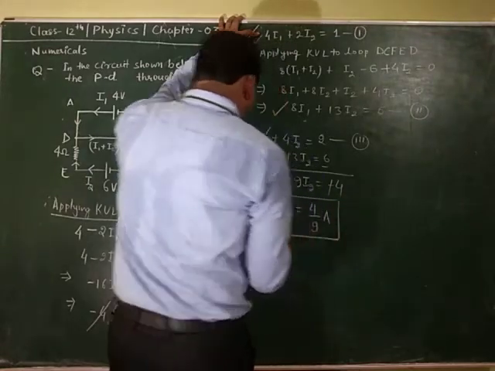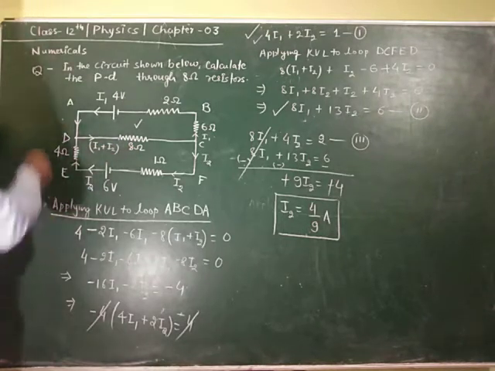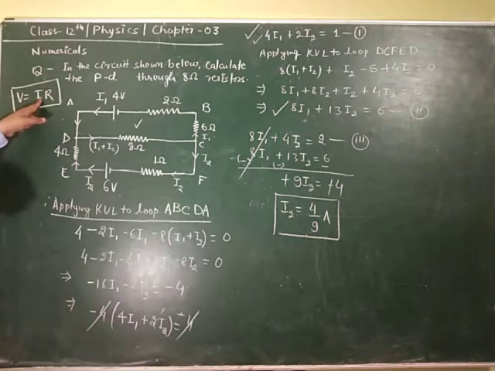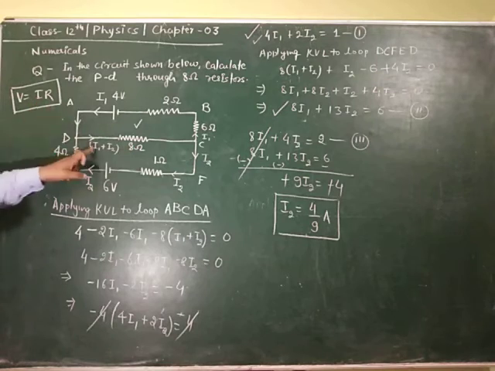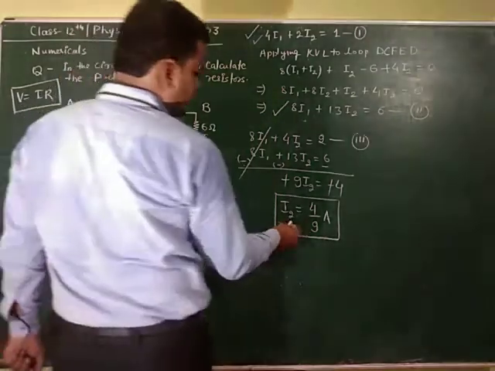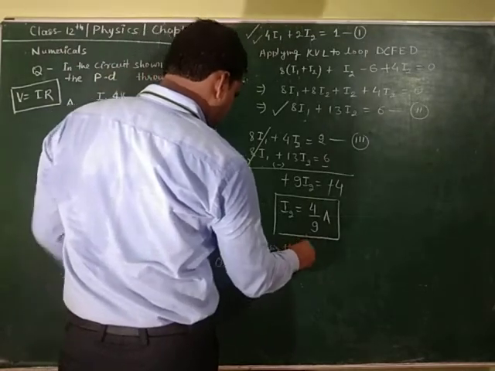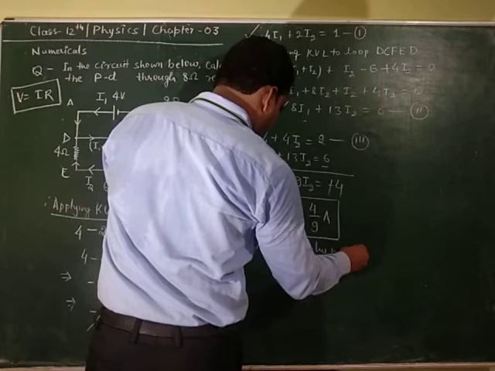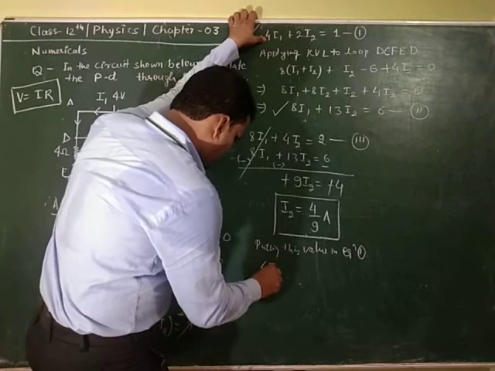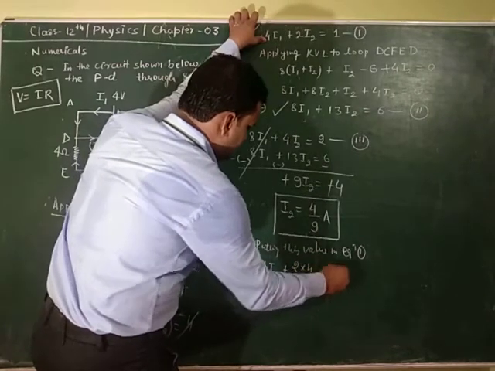We have the value of I2. But we have to find I1 also, because we have to calculate the voltage. For calculating the voltage, we have to apply V equals to IR only. For this, we need I, R we already have, and that I is I1 plus I2. I2 we have, I1 we have to calculate. So putting this value of I2 in equation 1: 4I1 plus 2I2, 2 into 4 by 9, is equals to 1.